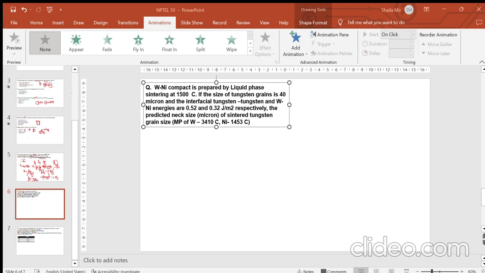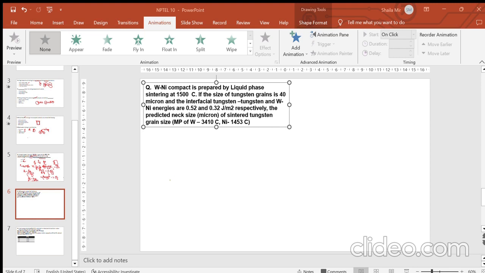When you resolve your surface energy between tungsten and nickel, you will have a surface energy along the vertical direction, and that will be summed with the tungsten-nickel energy again, times cos of theta by 2. Is it clear?